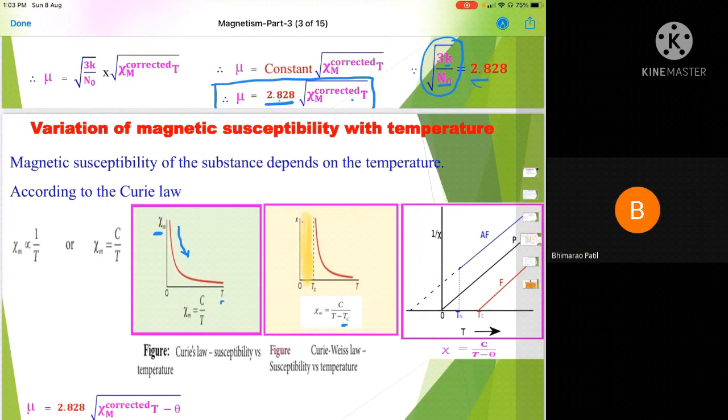In that region, below that Tc temperature, the region is complex because all the domains which have a magnetic moment are aligned with the applied magnetic field, and therefore it shows a higher magnetism or molar magnetic susceptibility with decreasing temperature.